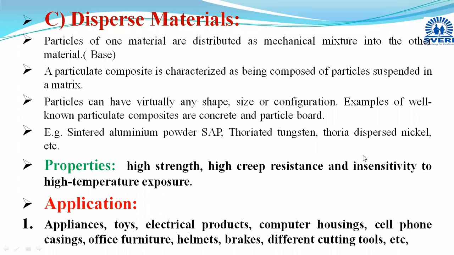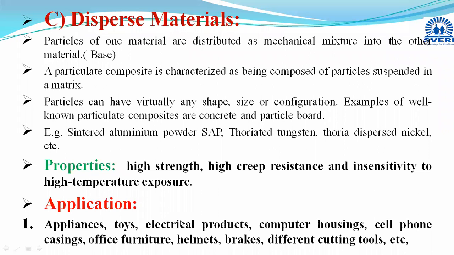Okay, because of these unique characteristics, these dispersed or particulate composite materials are used in different appliances, toys, electrical products, computer housings, cell phone casings, office furniture, manufacturing of helmets, brakes, and different cutting tools.